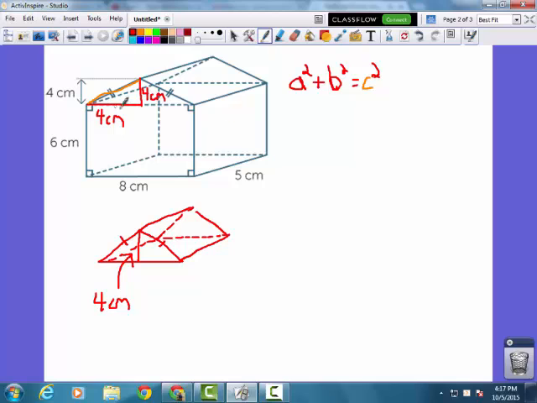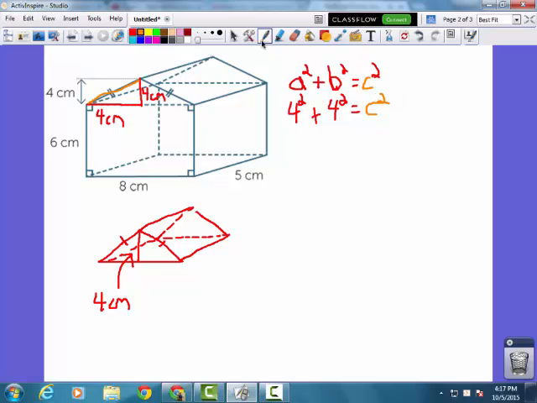My one side is 4 squared, plus my other side is also 4 squared. So this one for the bottom, and the other side, this 4 is for the other side. So that equals c squared.